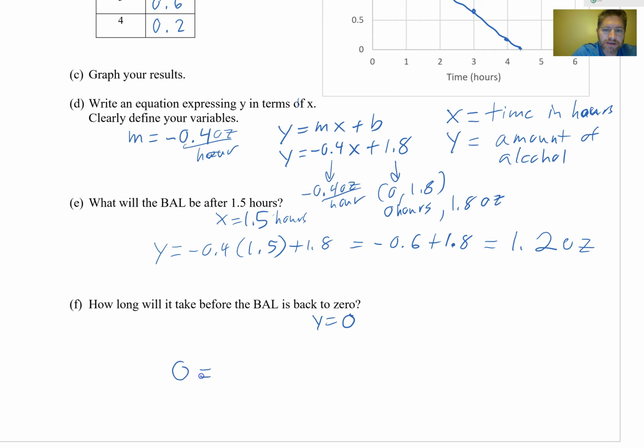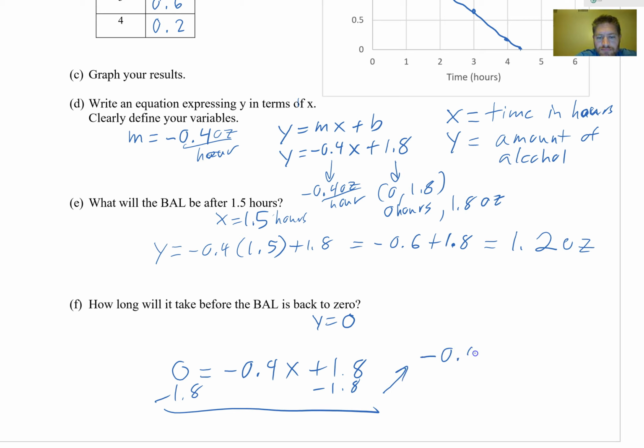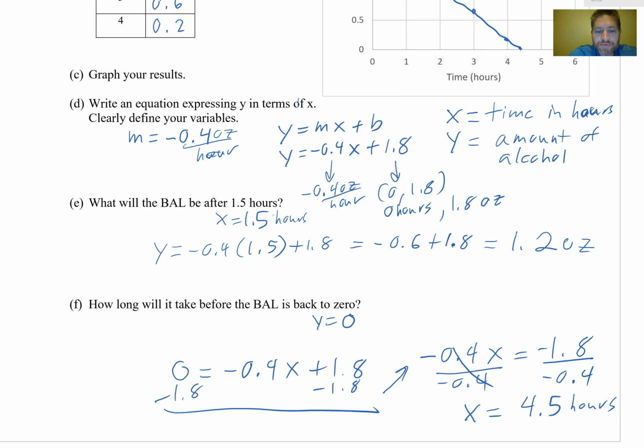So if we take our equation again and plug it in and solve, and then divide, we get an x value of 4.5 hours. So 4.5 hours, that's how long it will take for this person to have no more alcohol in their system.